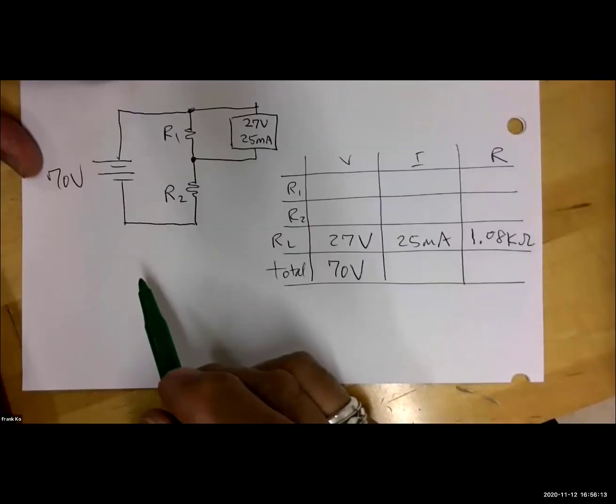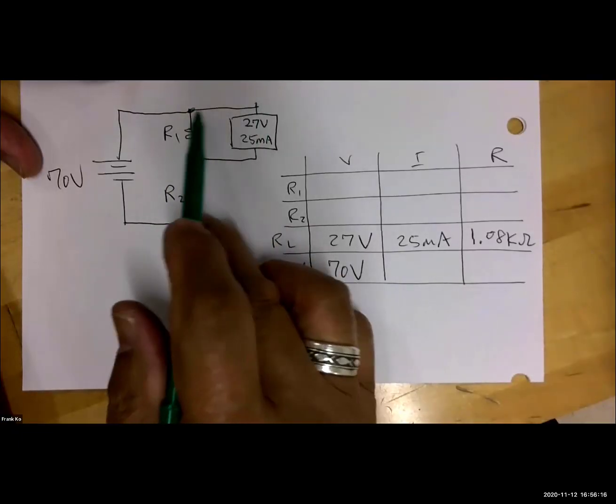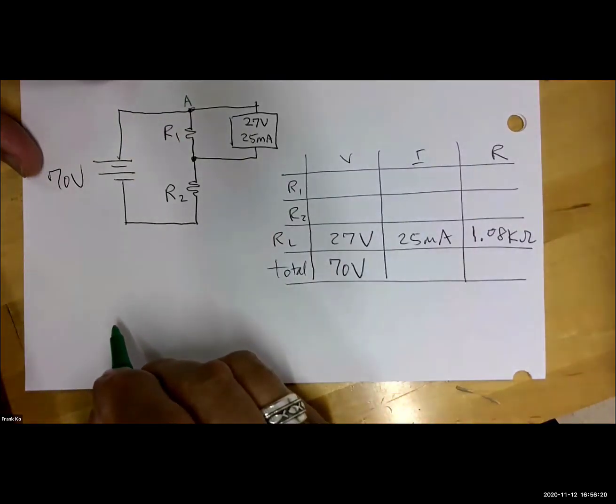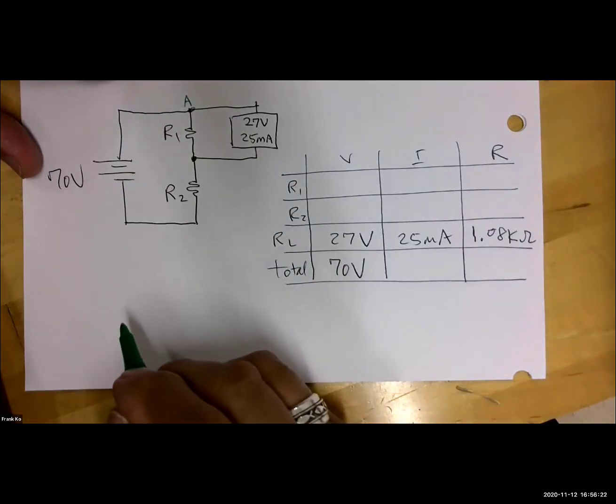Because they're both connected by that point on the top, right? The top of these are connected at that point up there, which we will call A. And voltage in parallel is the same, right?